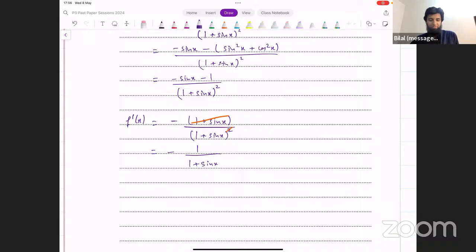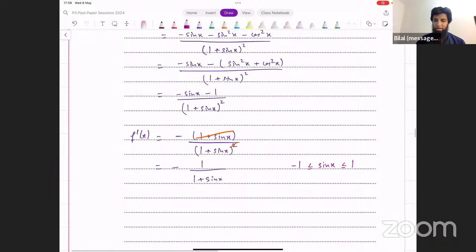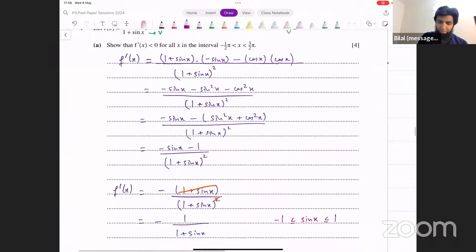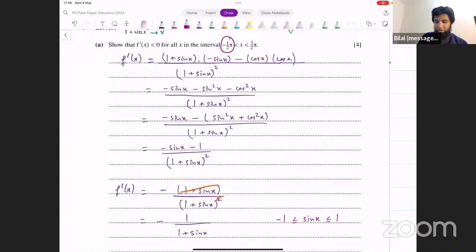Now think about this. We know that sine x is supposed to be between -1 and +1. Okay. And in fact, in this case, minus pi over 2 is not included, although 0 is still included, so it can be 0.